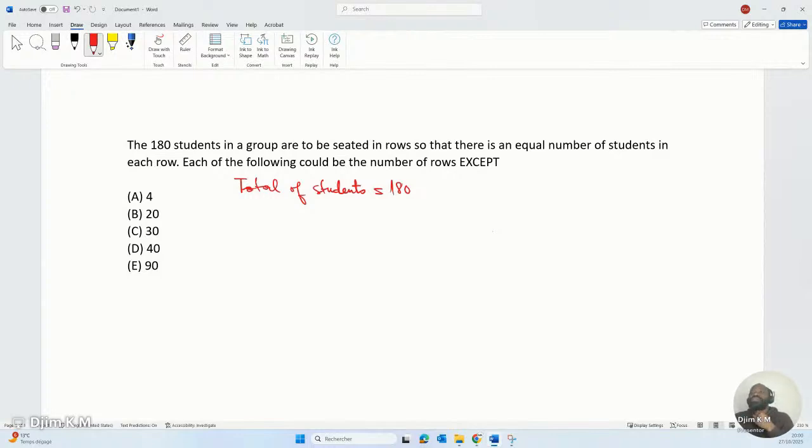So if we say that r is equal to the number of rows, and they say this is to be in rows so that there is an equal number of students in each row.